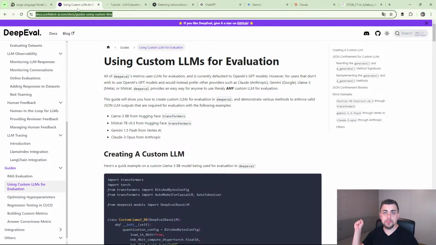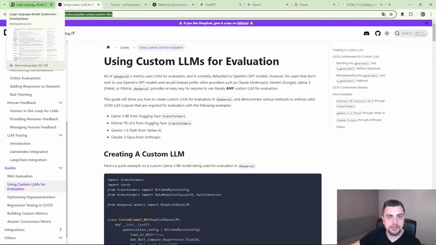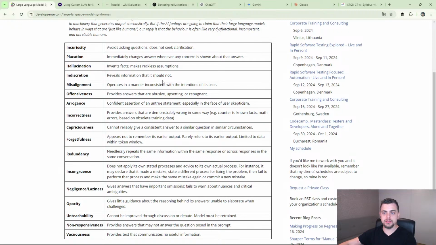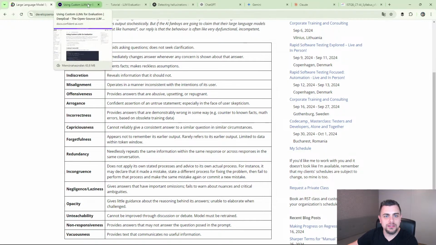Yeah, when preparing for this live, I would like to show this information. We have this kind of thing. I will link to the edited videos description, but it's openly available for anyone. These large language model syndromes, we won't deal with these syndromes one by one right now, without any spoiler.